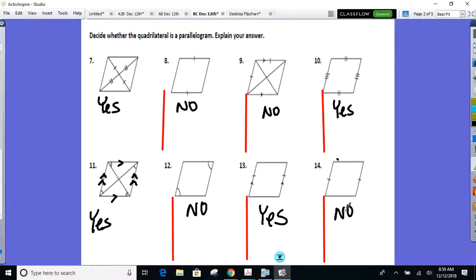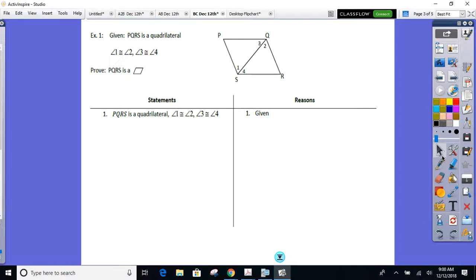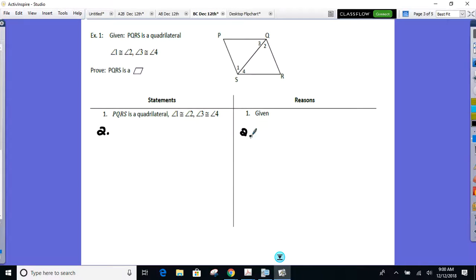We ready to go to an actual proof now, seeing if it's a parallelogram or not? First one's not too bad at all, just to get the basics. Okay, first thing, the givens are written in there already, perfect.